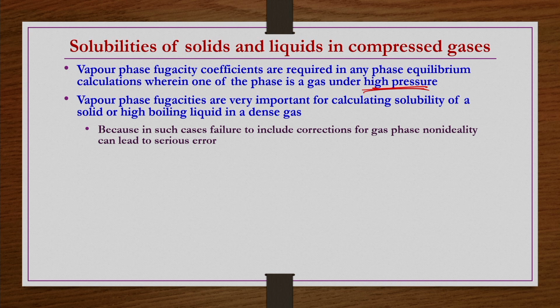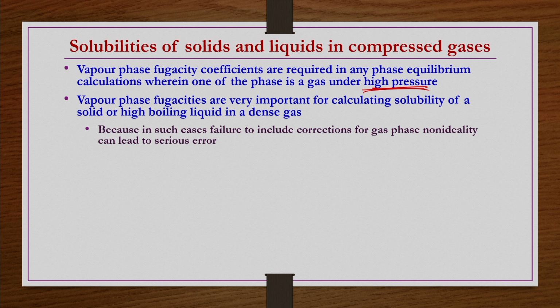If you make any mistakes, or if there is a failure to include a correction for gas phase non-ideality under conditions where the vapor phase is at high pressure, then that may lead to serious error, and may cause serious problems to the phase equilibrium or the phase contacting equipment as well.